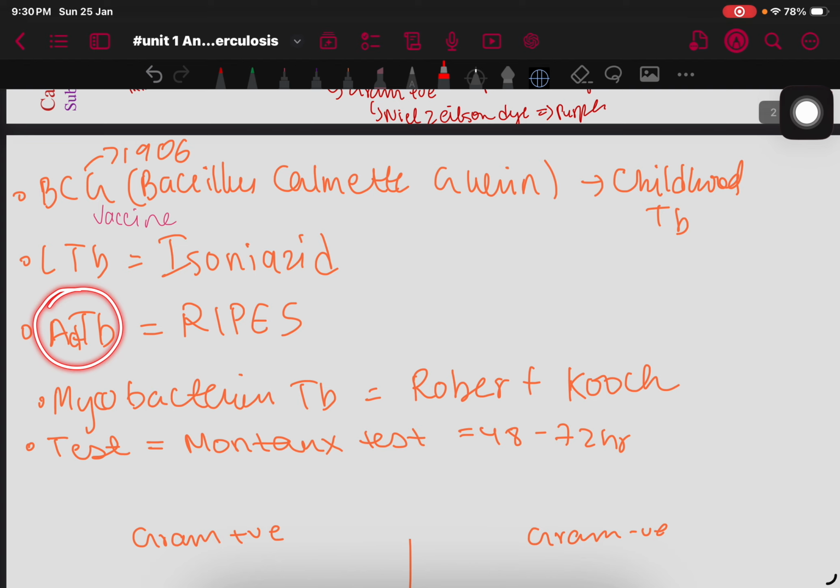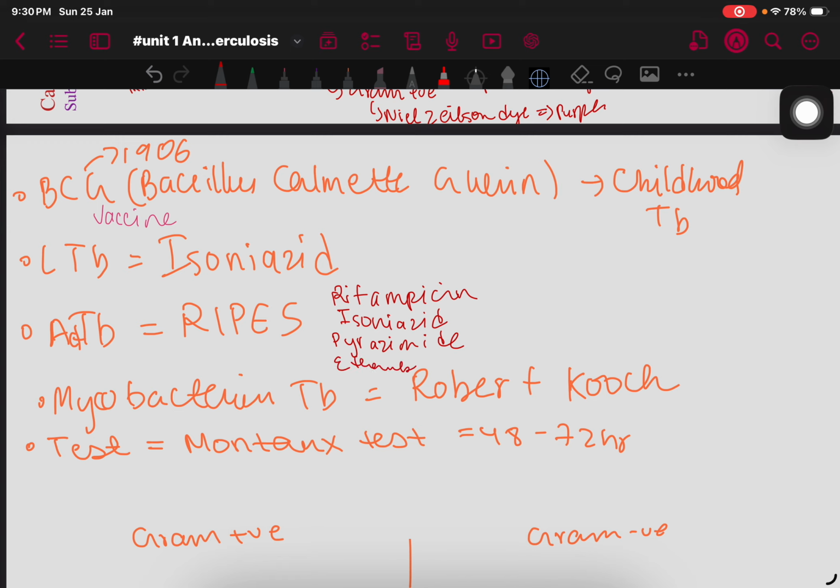For active TB we use RIPES: rifamycin, isoniazid, pyrazinamide, ethambutol, and last one streptomycin.